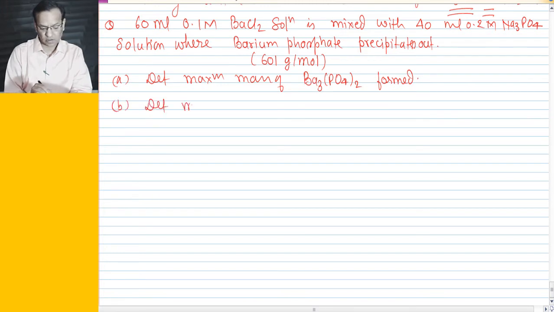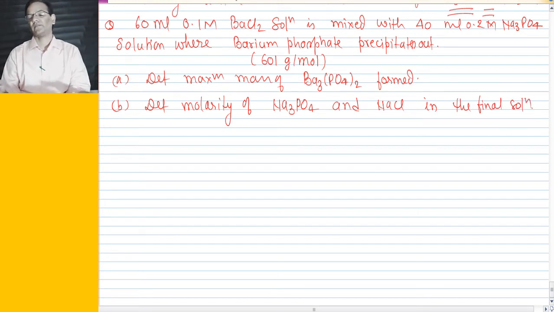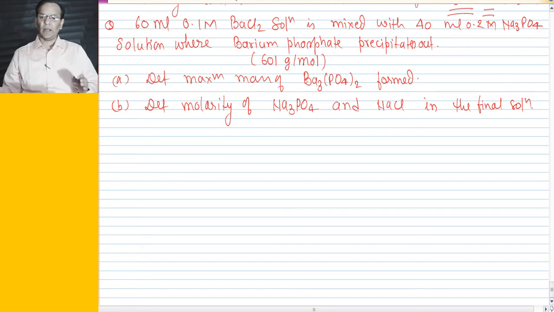Determine the molarity of sodium phosphate Na3PO4 and NaCl in the final solution. So this is an application of molarity in solving a stoichiometry of a chemical reaction.